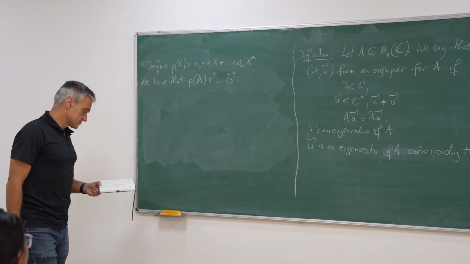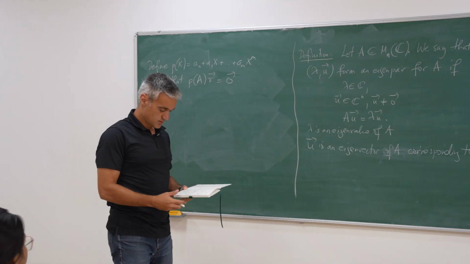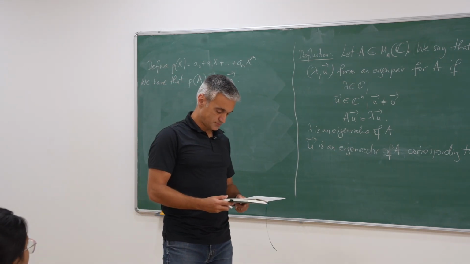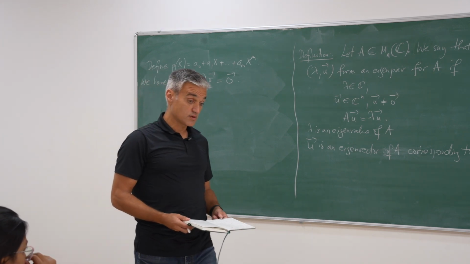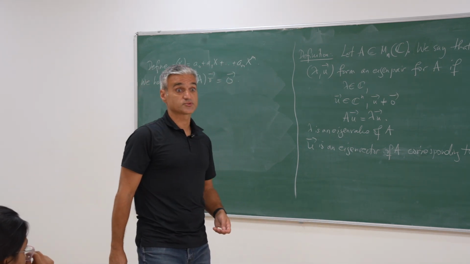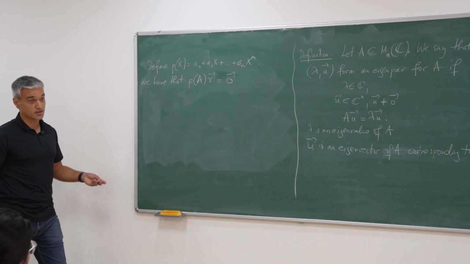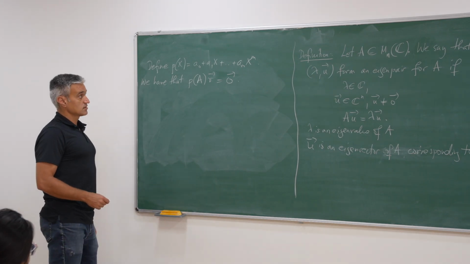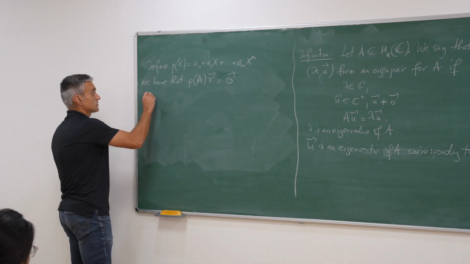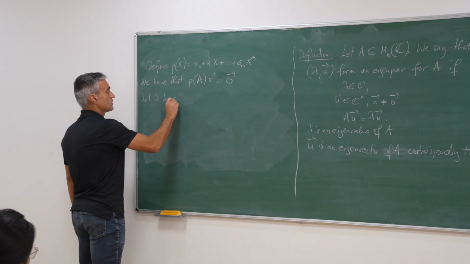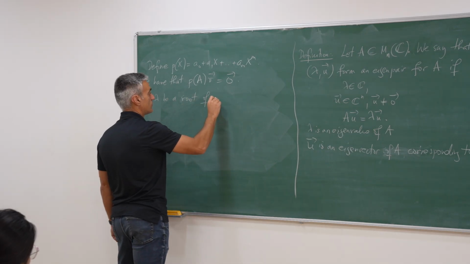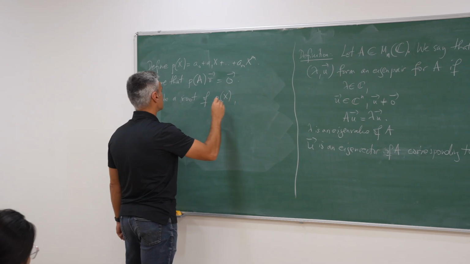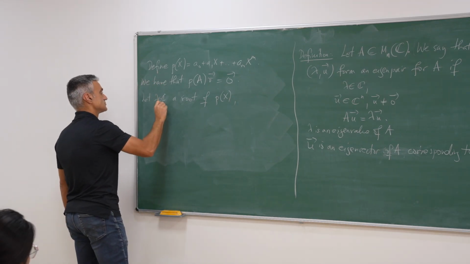And now you have to use something, and what you have to use is this fact about polynomials with complex entries, that they have a complex root. So then you can take lambda to be a root of p of x. So lambda is complex.